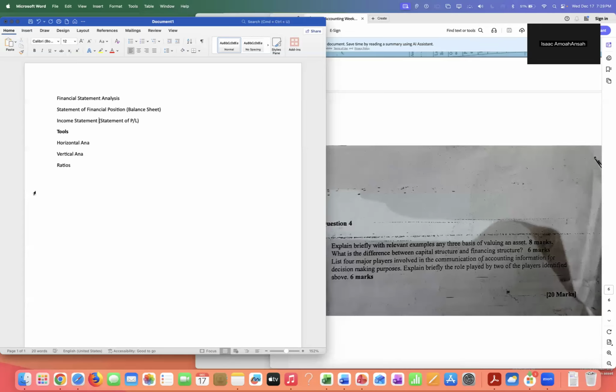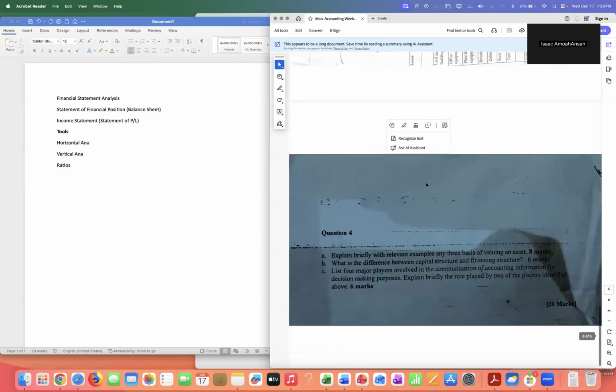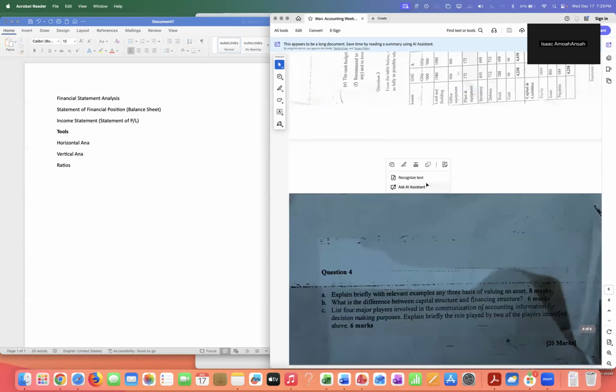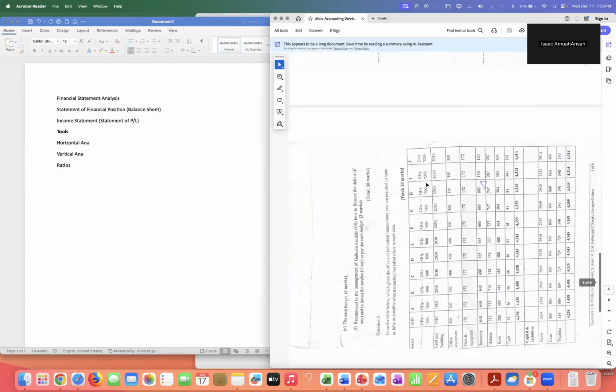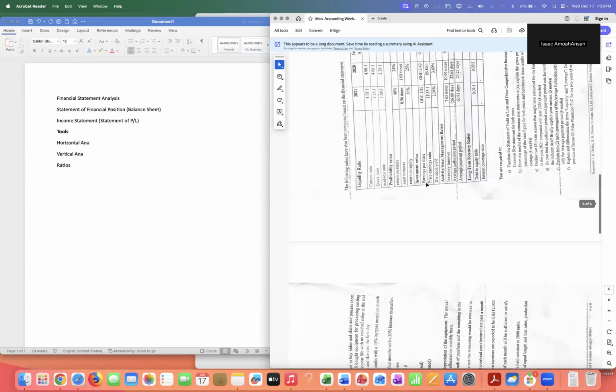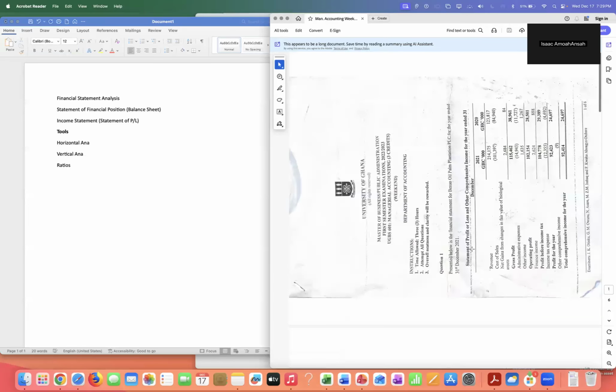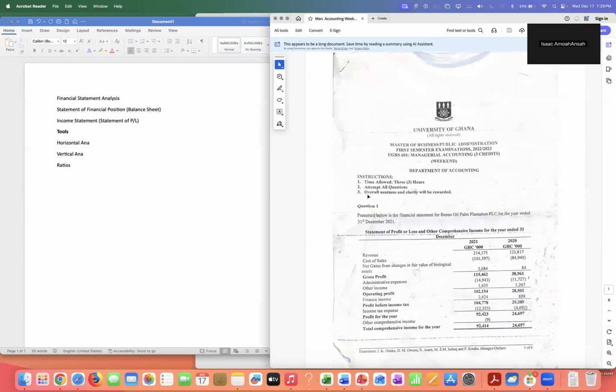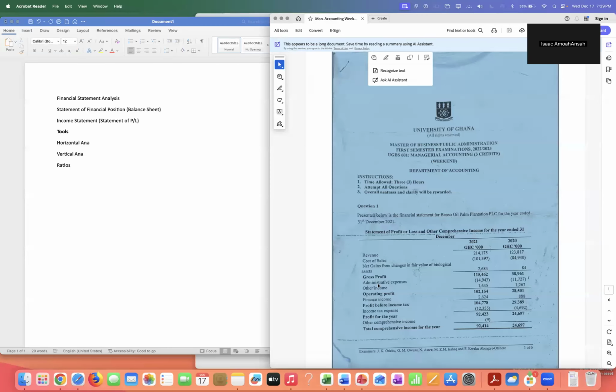I'm talking about items. Which items am I talking about? Let me quickly show you the financials. Those of you who have chanced on firms' financials before, you can pick them. If you have some around you, you can take it. But have a look at this one. This is a typical financial statement for Benso Oil Palm Plantation.